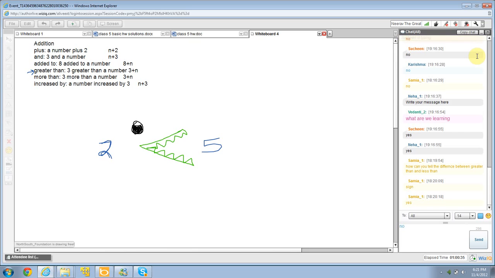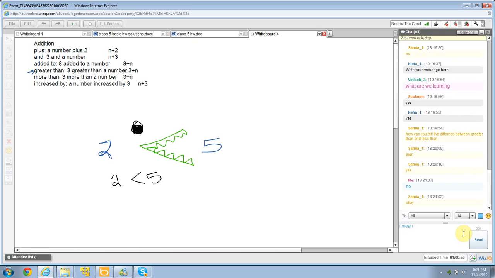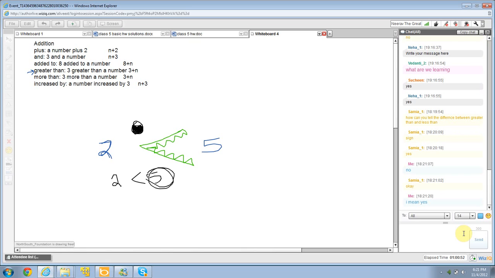So that's how you know. Whenever you see greater than, the alligator mouth is going to be pointed there. So basically, it becomes 2 is less than 5, or 5 is greater than 2. Wherever this opening is, that's the greater one. Does that answer your question? Okay, so that's a little alligator drawing there.